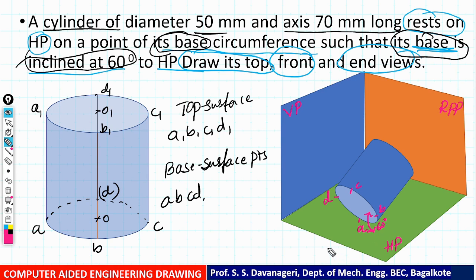Now you need to draw its projections. When you look from the front direction, the projection you are going to get on this vertical plane is a rectangle. Here you are going to get A dash, A1 dash, B dash, and B1 dash.